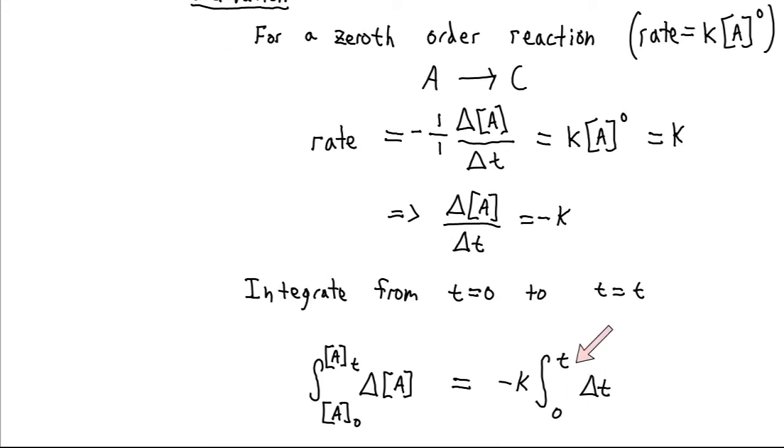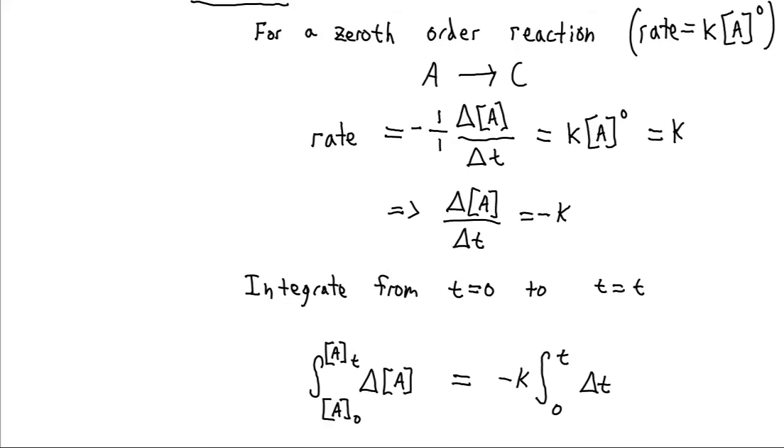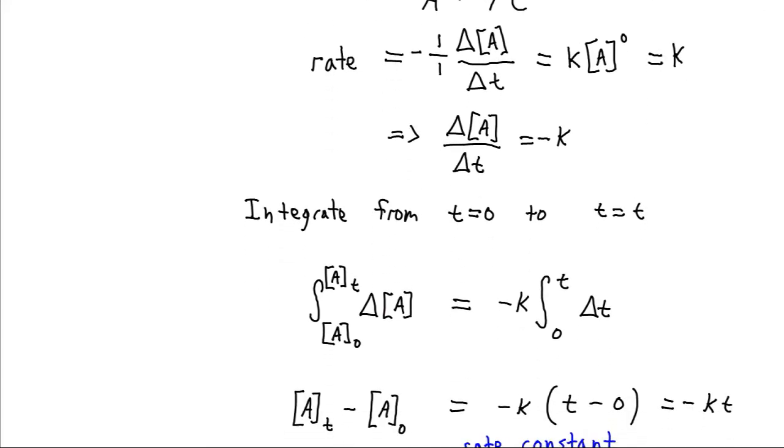And to go along with that, we're going to split this into pieces. So we'll integrate our delta t from the starting time to the final time, and then our delta concentration from the initial concentration at this starting time to the final concentration at that final time. And when we do that, it converts our delta into exact quantities.